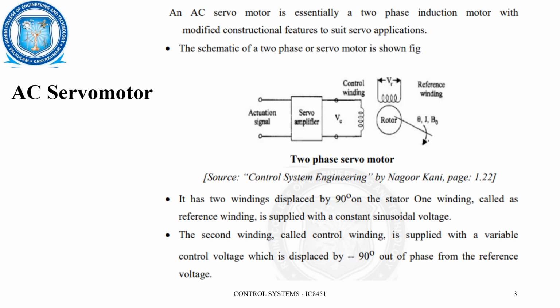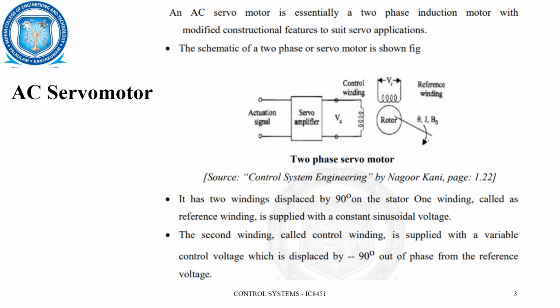So the AC servo motor is essentially a two-phase induction motor with modified constructional features of the normal servo motors. So we have the schematic diagram of the two-phase servo mechanism. Here we have the actuation signal which is being provided to the servo amplifier and which is then fed to the control winding. Here we are having the value as V0, the voltage.